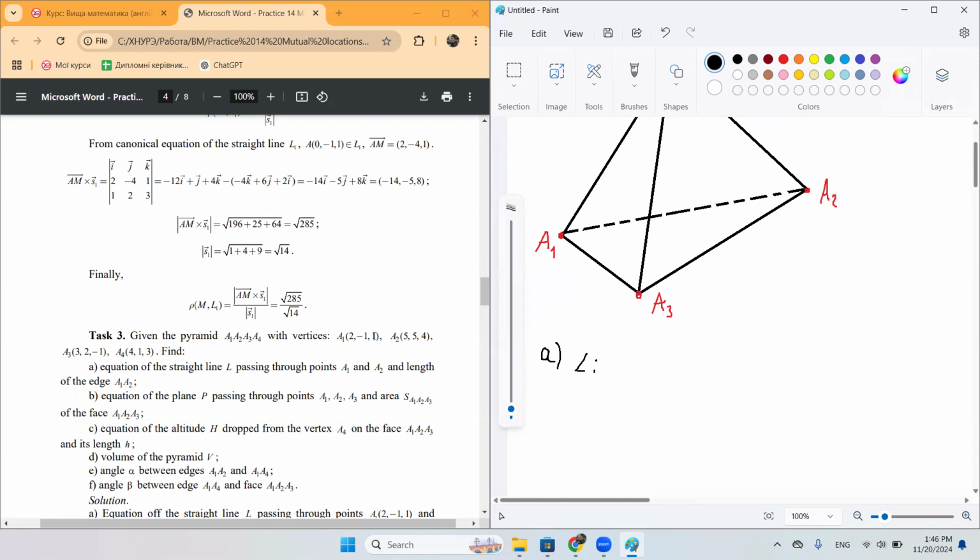So we have 2 points. The equation of the straight line passing through 2 points is the following.